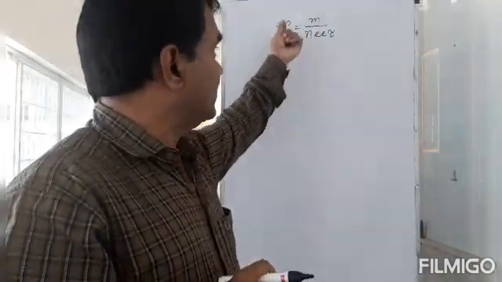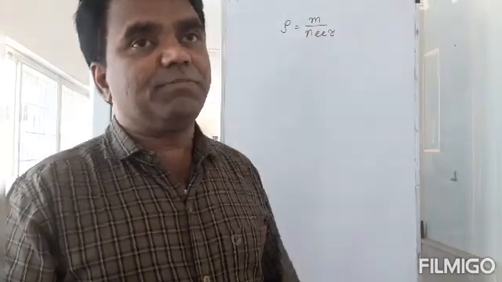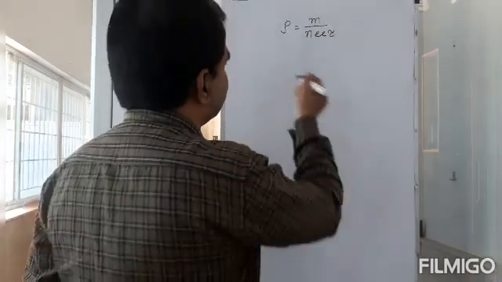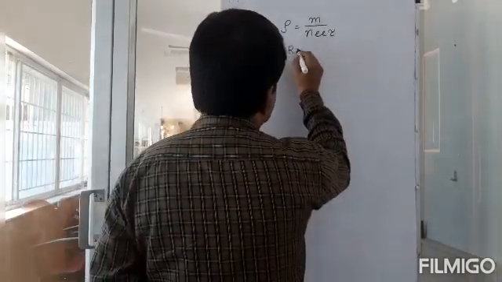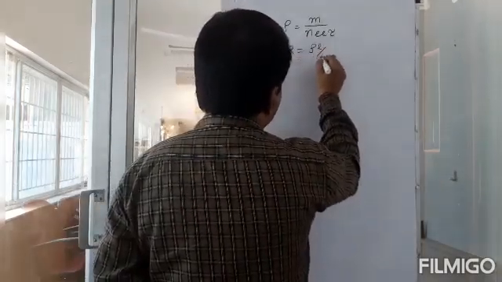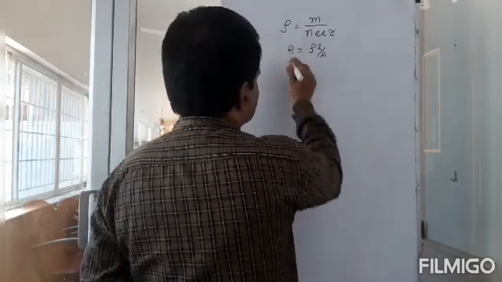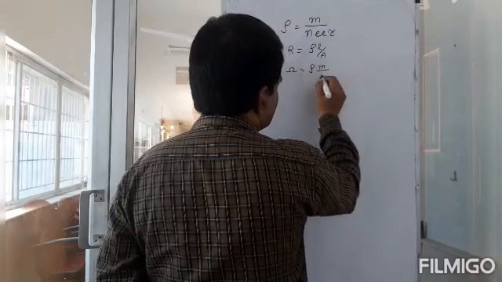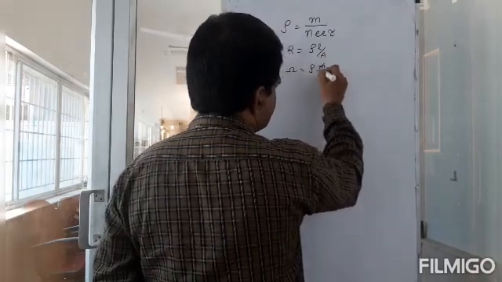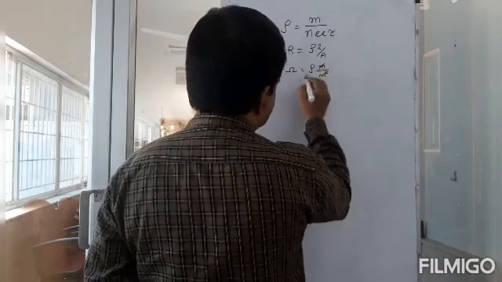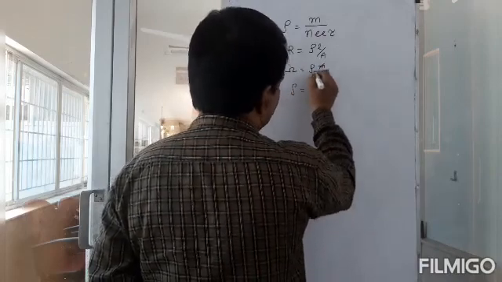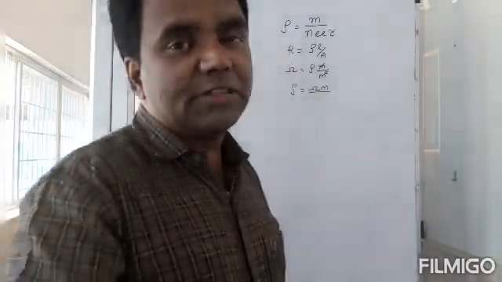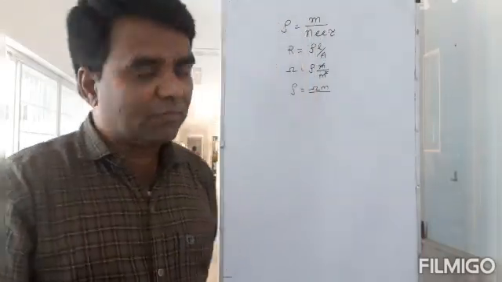So this is what we derived for resistivity. And resistivity is related to resistance in this way. This you know already. Resistance is equal to rho L by A. R is in ohm, L is in meter, and A is in meter squared. So rho is ohm meter. So the unit of resistivity is ohm meter.